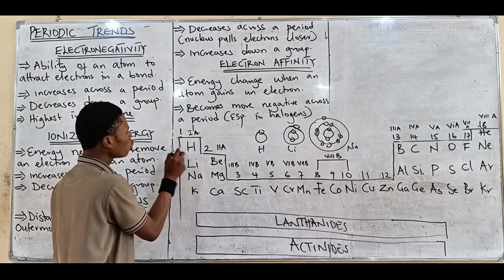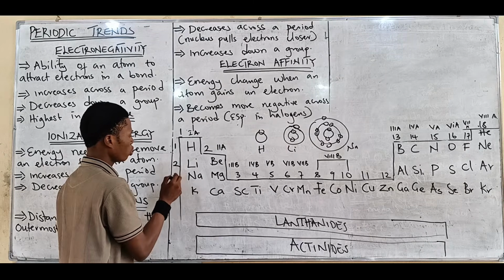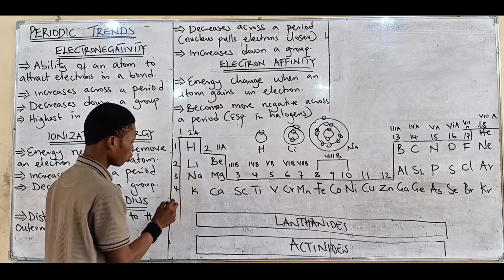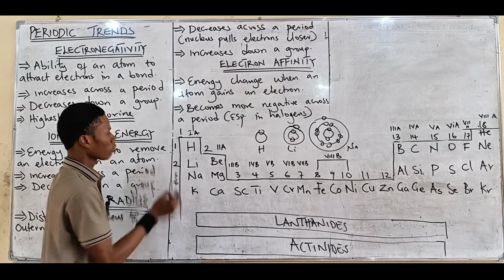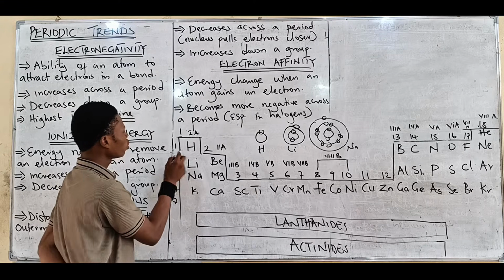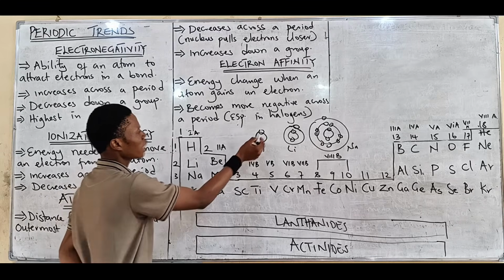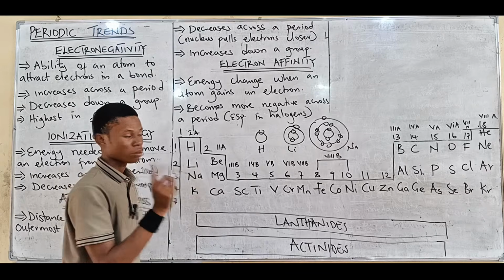Now, hydrogen is placed in period 1. This is period 2, period 3, period 4. We have up to period 7 before the lanthanide and the actinide series. Now, hydrogen is placed in period 1 because it has one shell. Look at it. Remember, what determines the period is the shell.